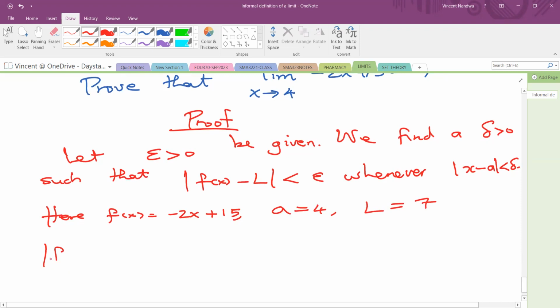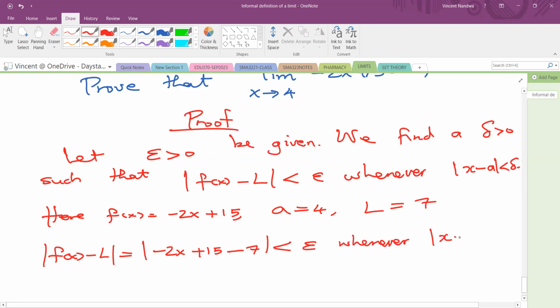So when we say the absolute value of f of x minus L, we mean the absolute value of minus 2x plus 15 minus 7 should be less than epsilon whenever the absolute value of x minus 4 is less than delta.